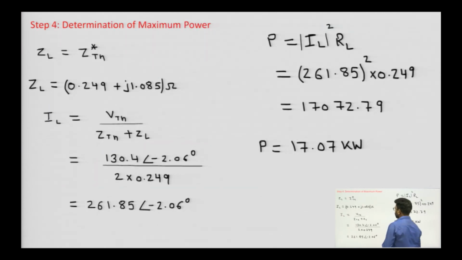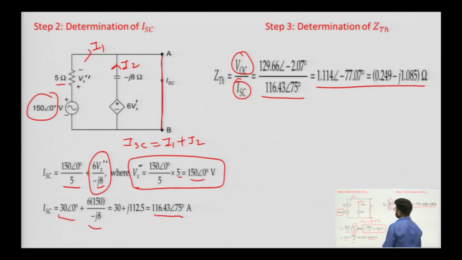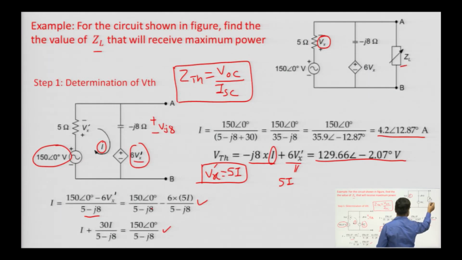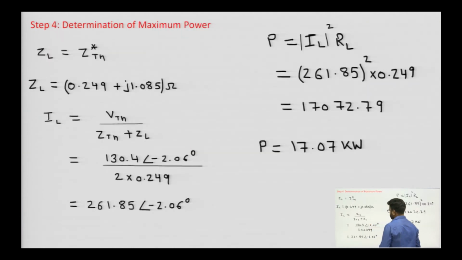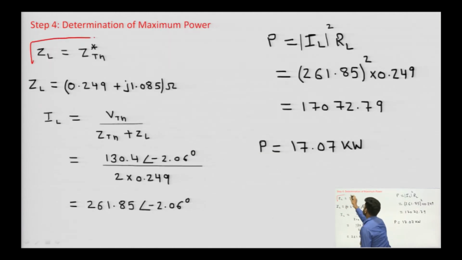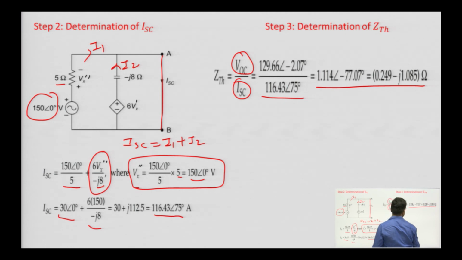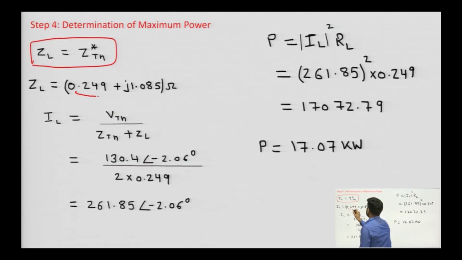Now, for maximum power transfer, because ZL is an impedance, it comes under case 2, in which ZL must be equal to ZTH conjugate. Since ZTH was 0.249 minus j1.085, we have ZL as 0.249 plus j1.085 ohm.